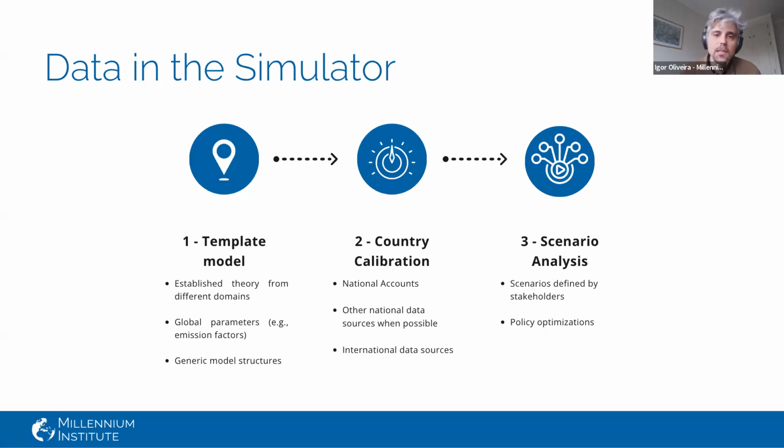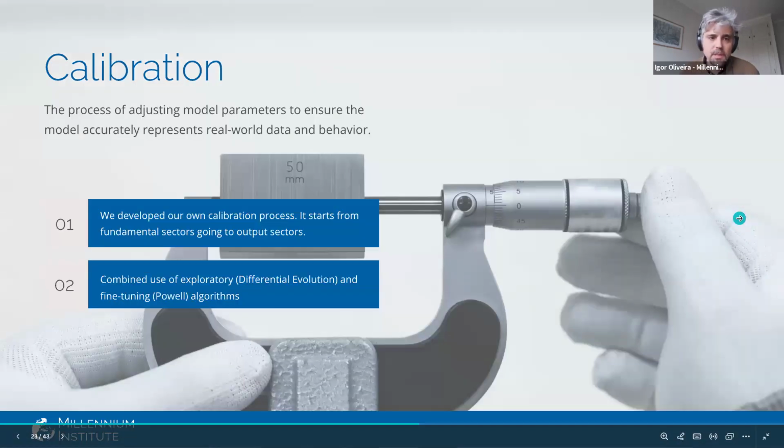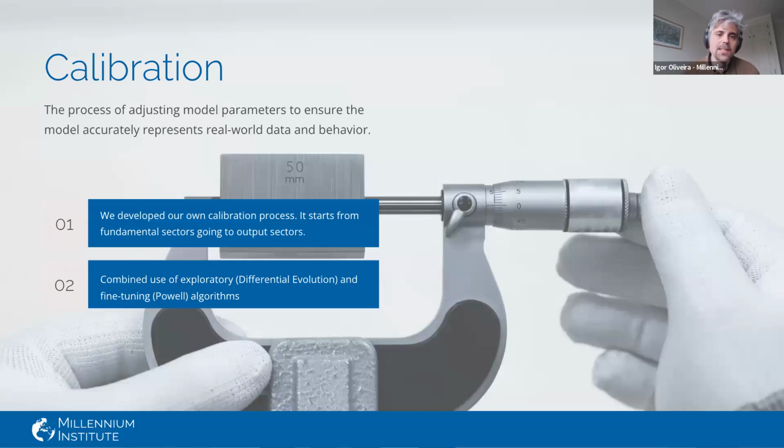So let's take a look in the next slide a little bit more at what this calibration really means. We have our own process that is based on standard best practice created by the system dynamics community.